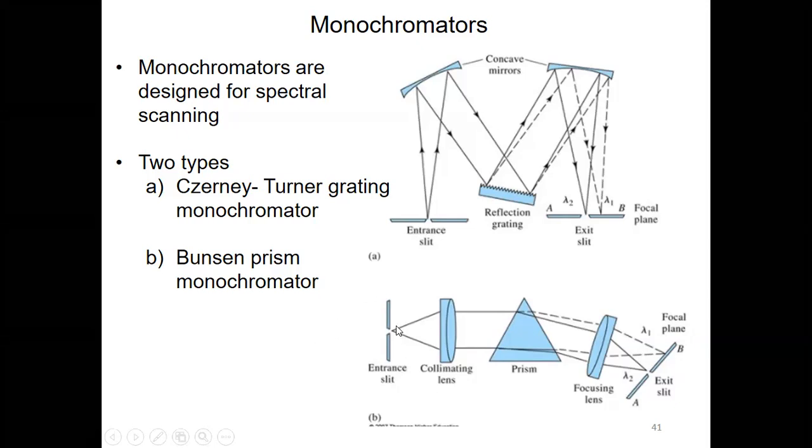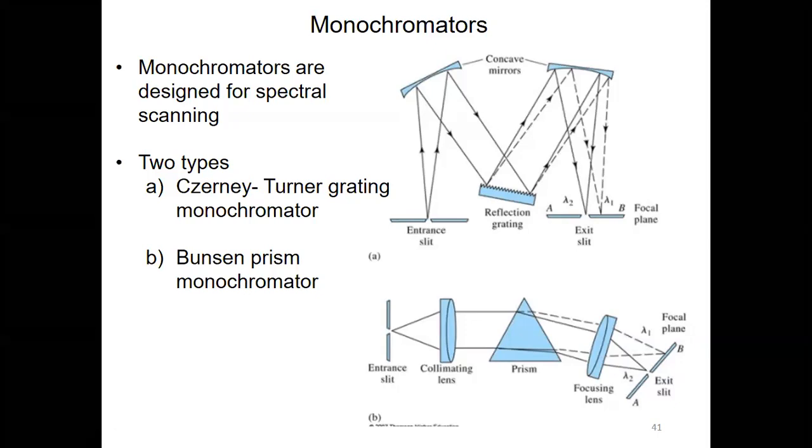This is the grating monochromator, which has a grating. And the prism monochromator works on the same idea. I hope you remember that when we pass the incident light through a prism, we are able to see rainbow colors.